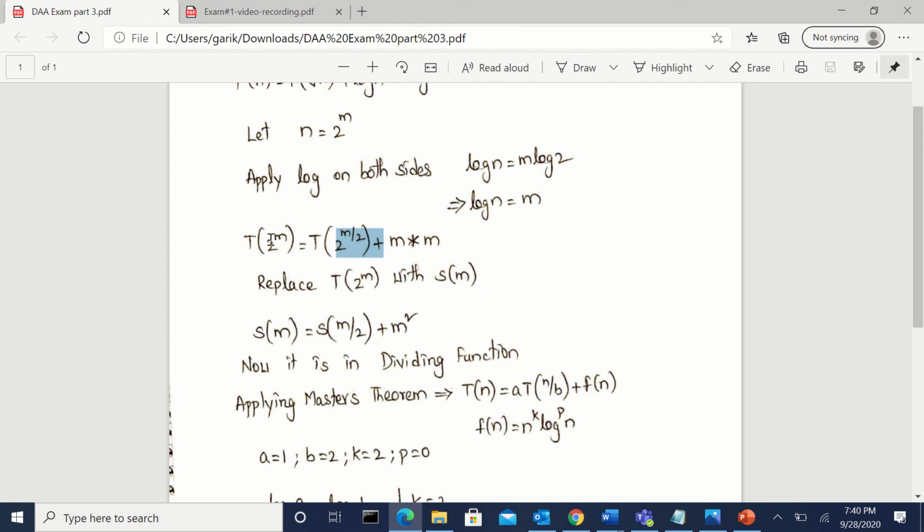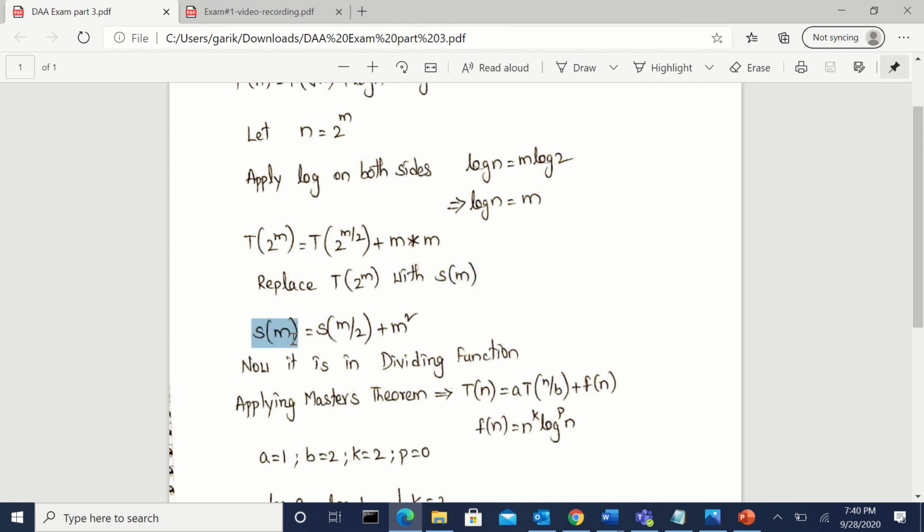If you apply log, it becomes m log 2 base 2. If we consider base 2, log 2 base 2 is 1. So T of m by 2 becomes m by 2, and we are replacing T of 2 power m with S of m.